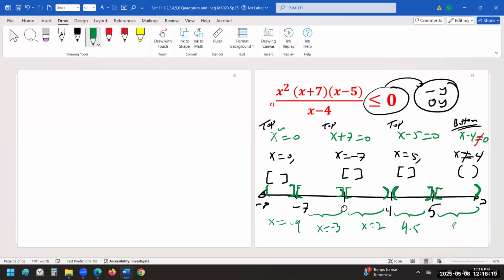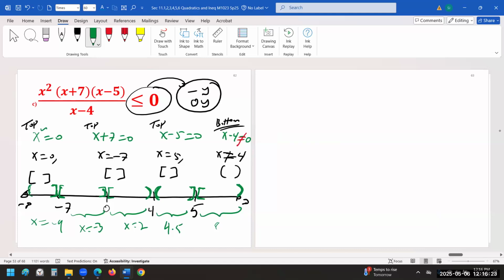8. So what you're going to do is place all of them into the question. So the question is x squared times x plus 7, x minus 5, and you're dividing by x minus 4.